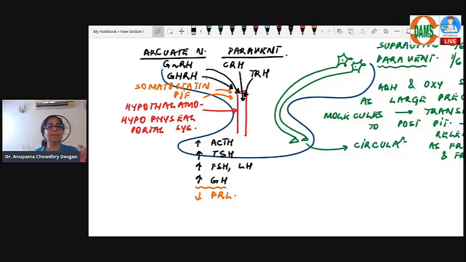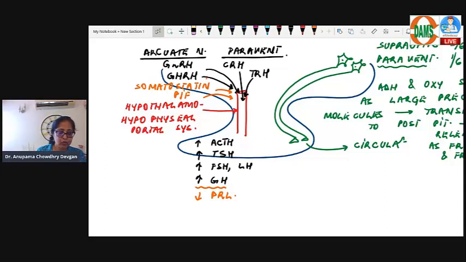Arcuate nucleus and paraventricular nucleus. Paraventricular secretes CRH and TRH, which go via the hypothalamo-hypophyseal portal system into the anterior pituitary. Arcuate nucleus secretes GnRH, GHRH, somatostatin, and prolactin inhibiting factor.